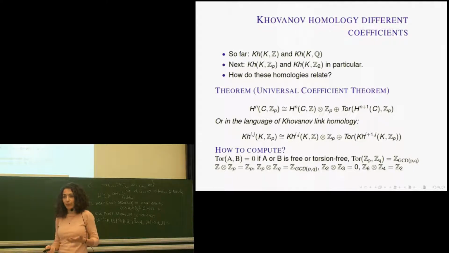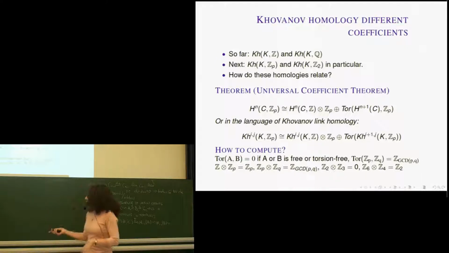But computing integral homology is hard. So sometimes you may actually be able to compute Khovanov homology with certain Zp coefficients, or any homology over Zp, and then try to extract information about what happens over Z. So somehow over Z is the strongest theory that you can have, but it's usually hard to compute. Okay.